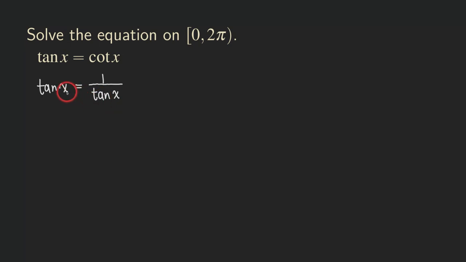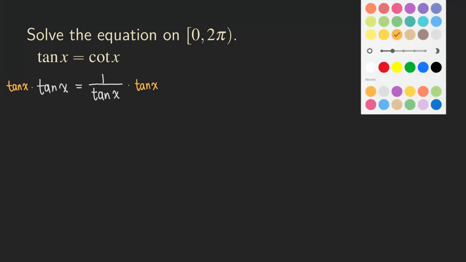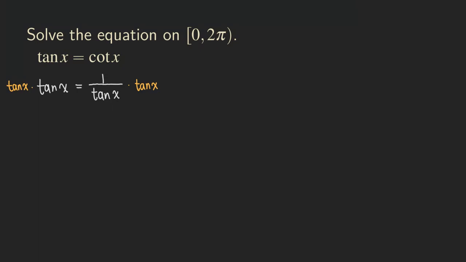So we are going to multiply both sides by tangent x. Multiplying by tangent x on both sides of the equation, the tangent x cancels on the right, and we have tangent x times tangent x on the left hand side.